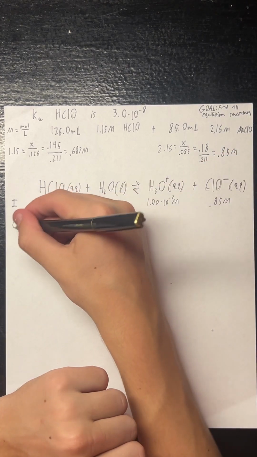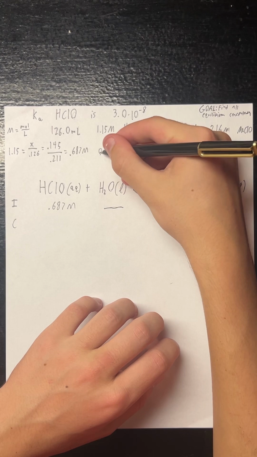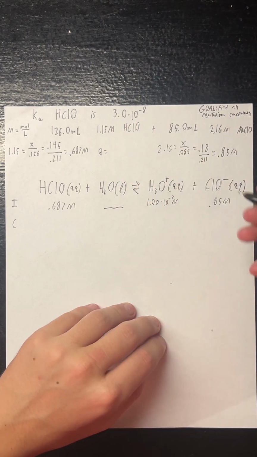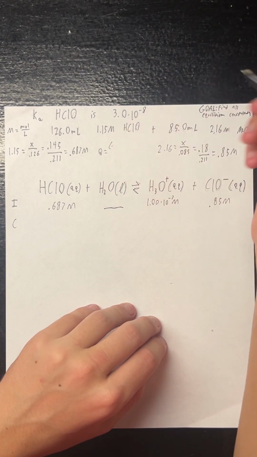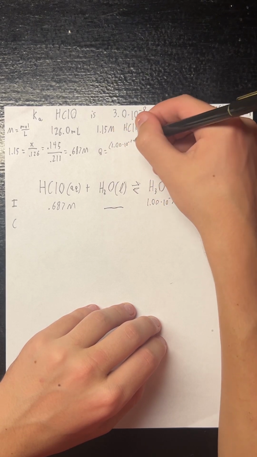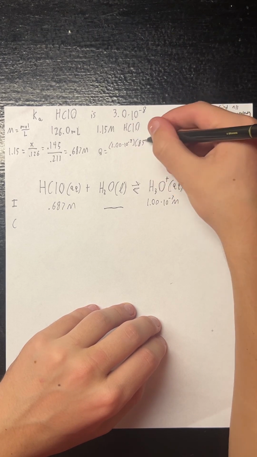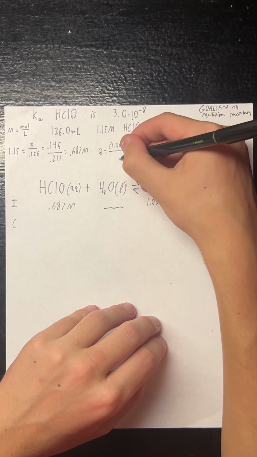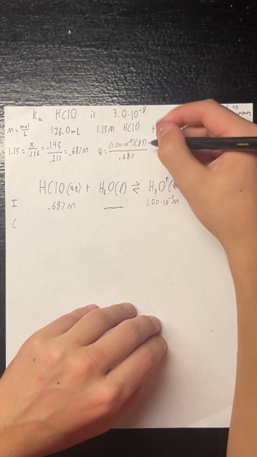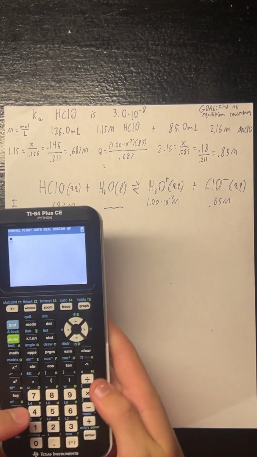Next, what we have to do is find our Q. Q equals products over reactants. So 1.00 times 10 to the negative 7 times 0.85 over 0.687. Let's plug that into our calculator.